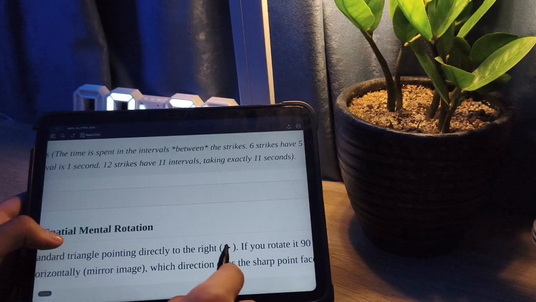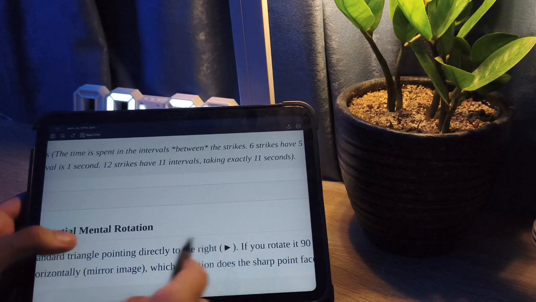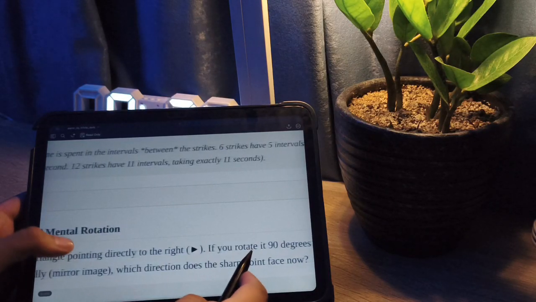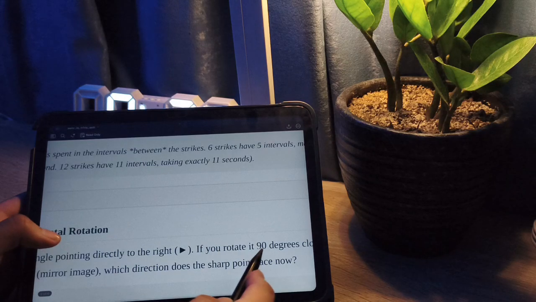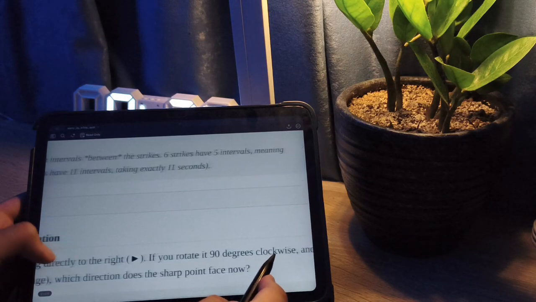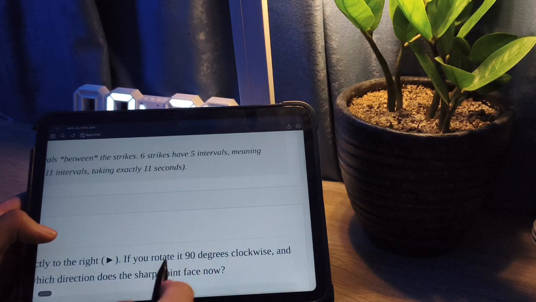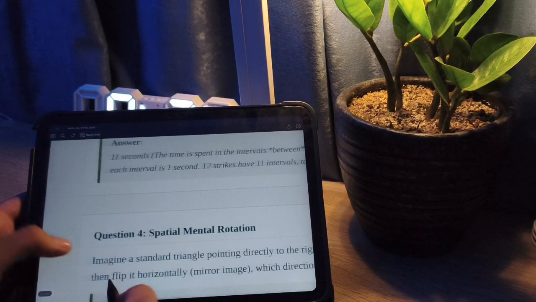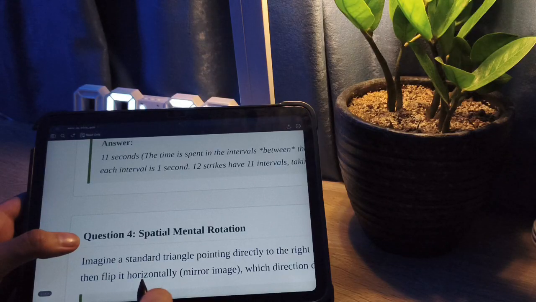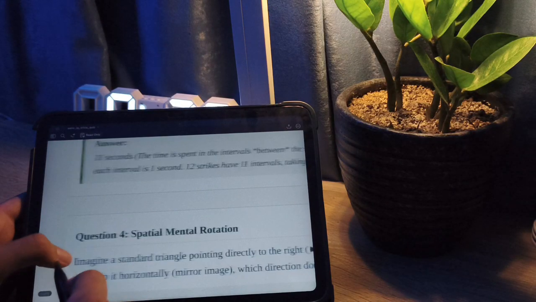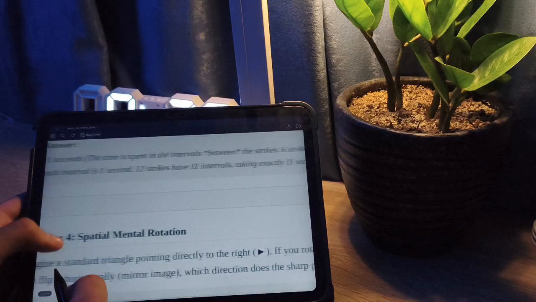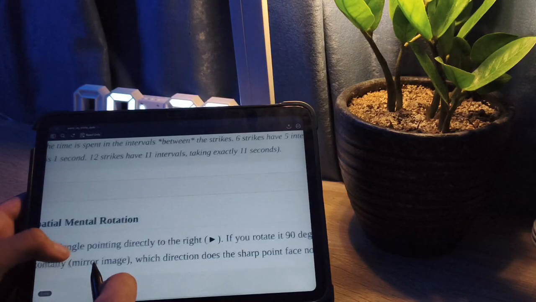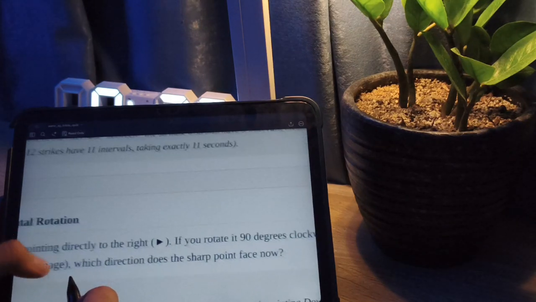If you rotate it 90 degrees clockwise, and then flip it horizontally, like a mirror image, which direction does the sharp point face now?